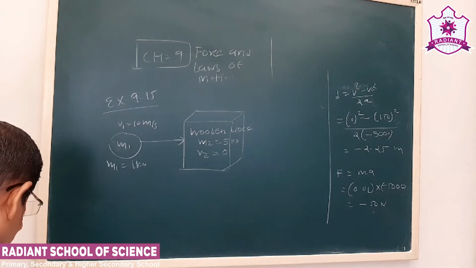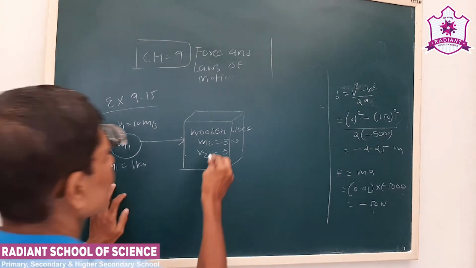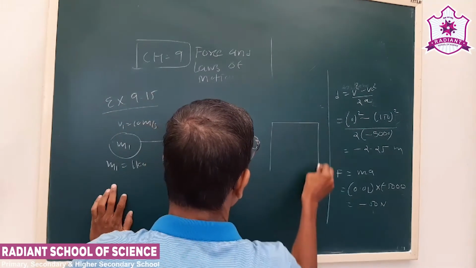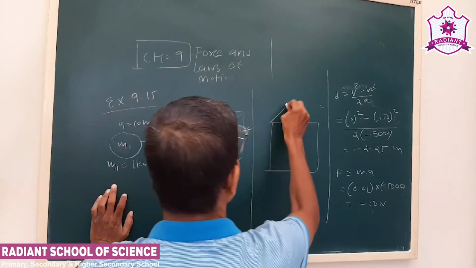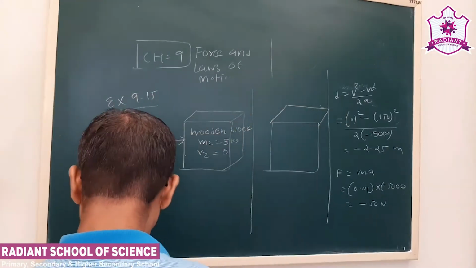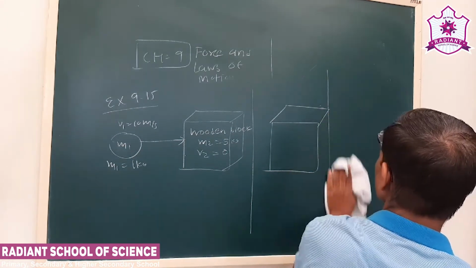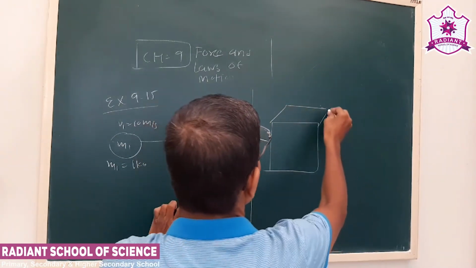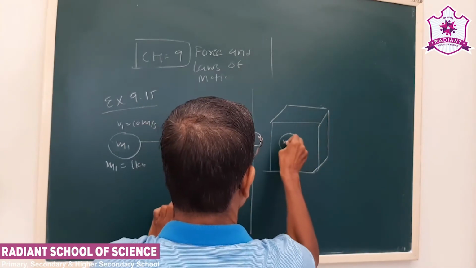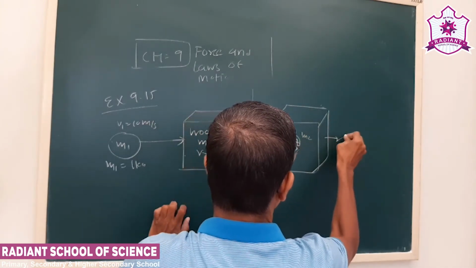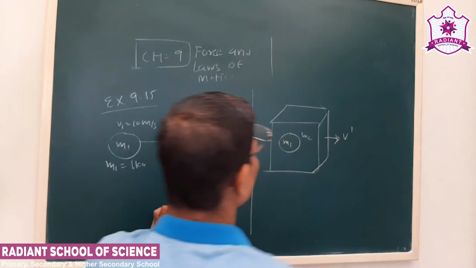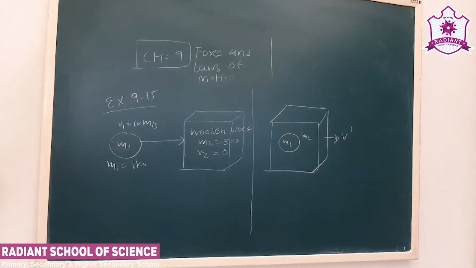They move in a straight line; this is before collision. Now they move in the same direction.